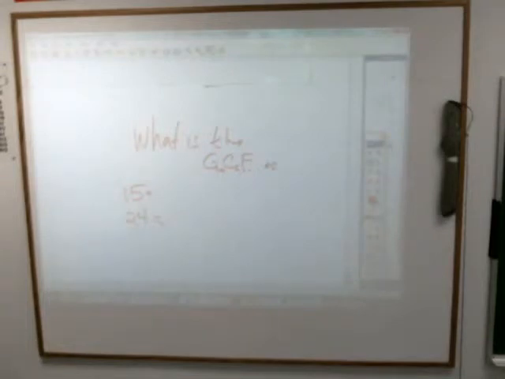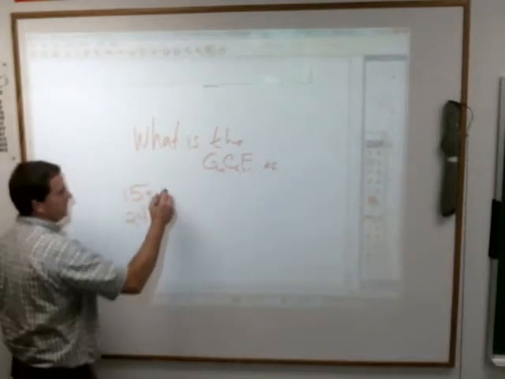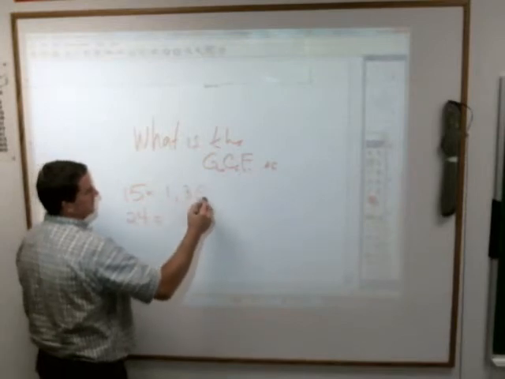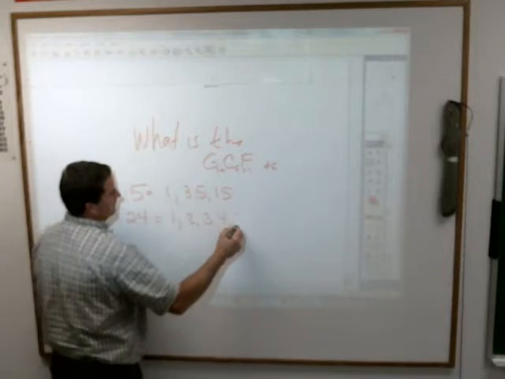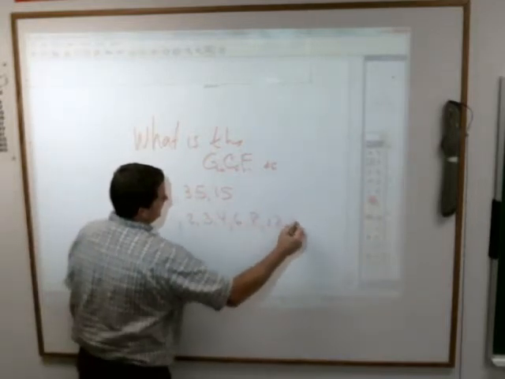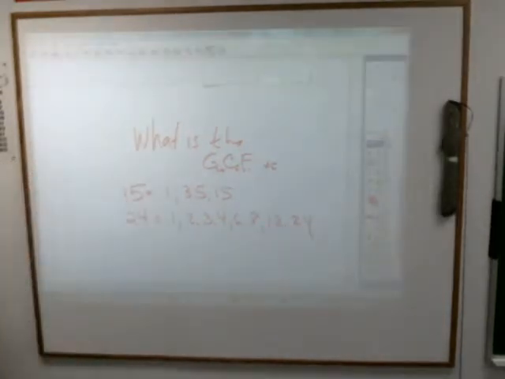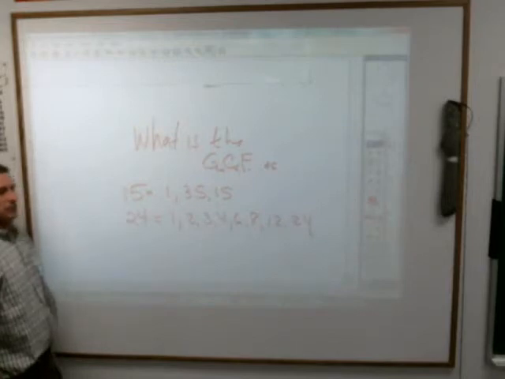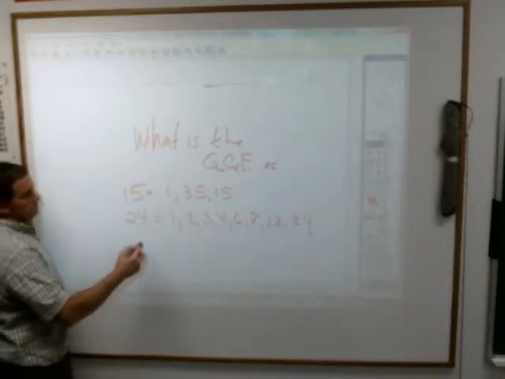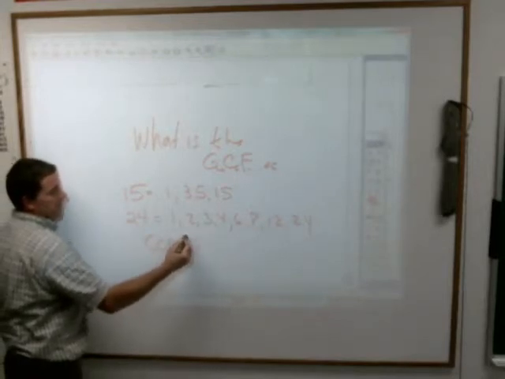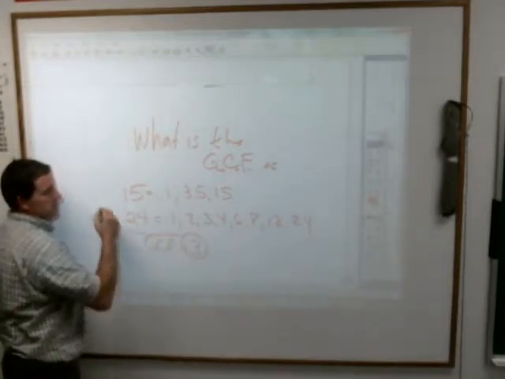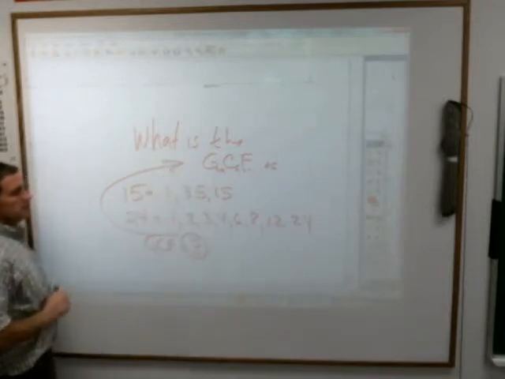But it is better for you to actually write down the common factors and take a look at them, and then be able to give me the answer, as opposed to just guessing at it. What is the greatest common factor that 15 and 24 have? Yes. 3 is correct. 3 is its greatest common factor.